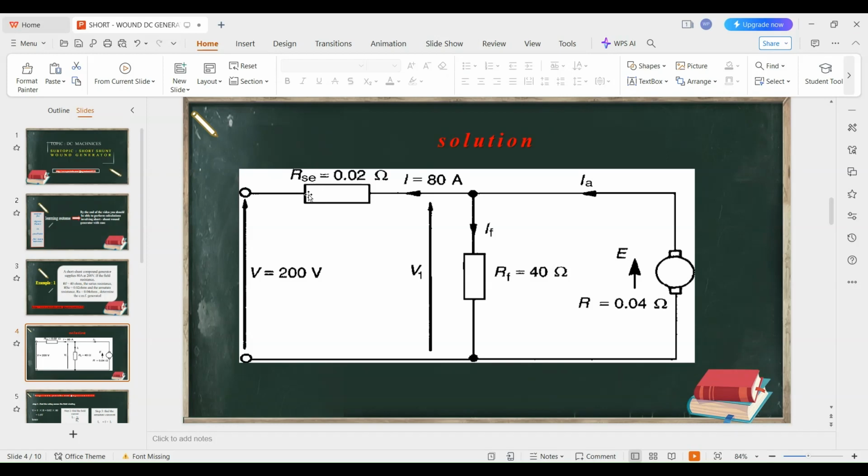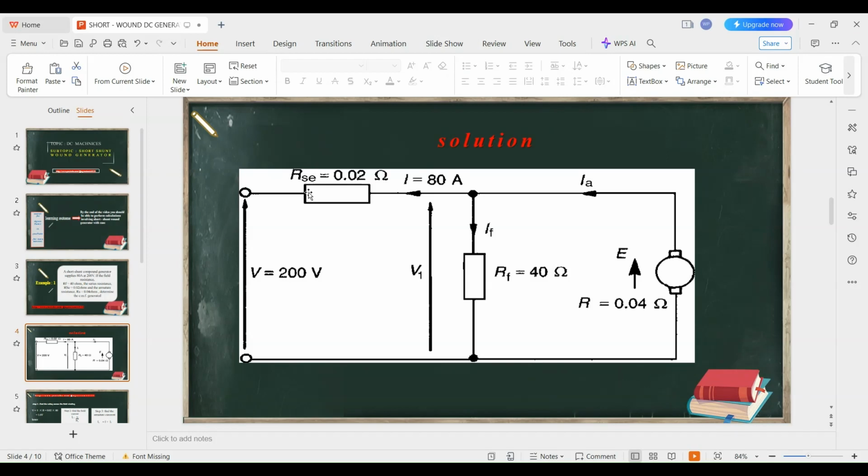If the field resistance is 20 ohms, the series resistance is 0.05 ohms and the armature resistance is 0.08 ohms, determine the EMF generated. This problem here is not difficult, it's just a matter of following the sections and the steps that we have seen earlier one by one, and you'll be in a position to look for the EMF generated.